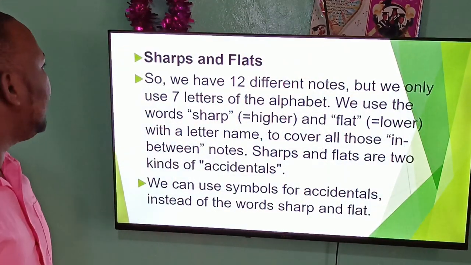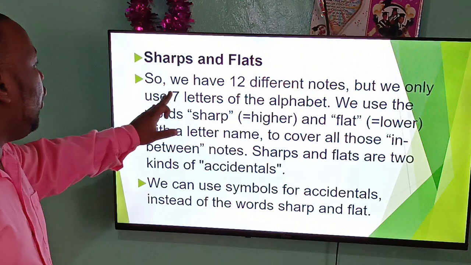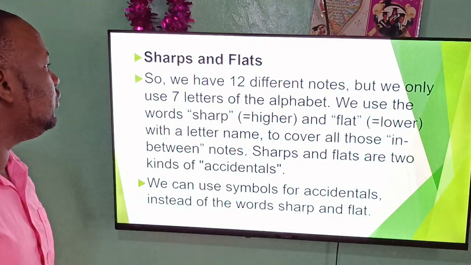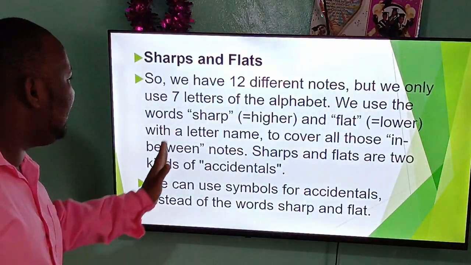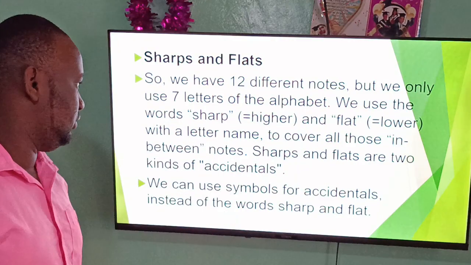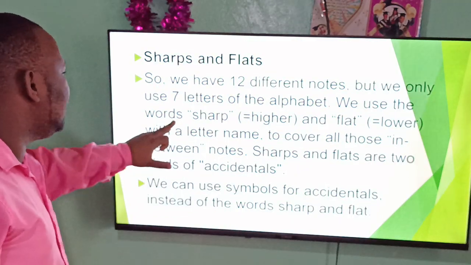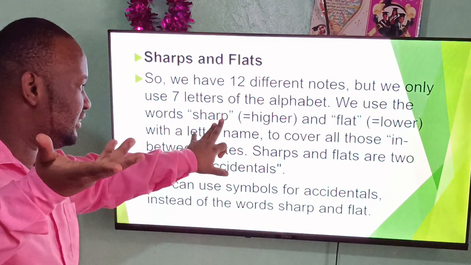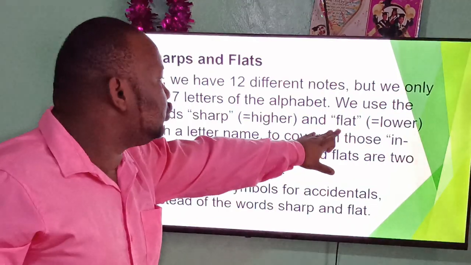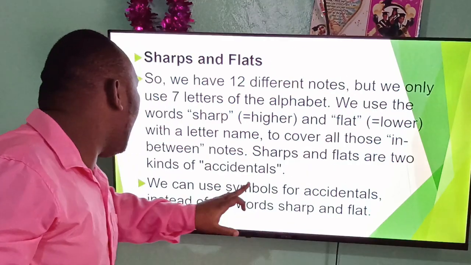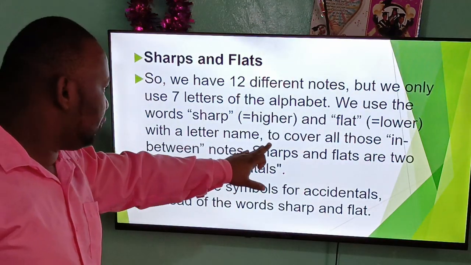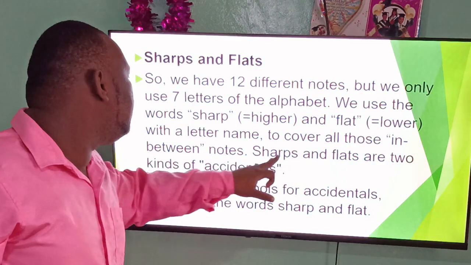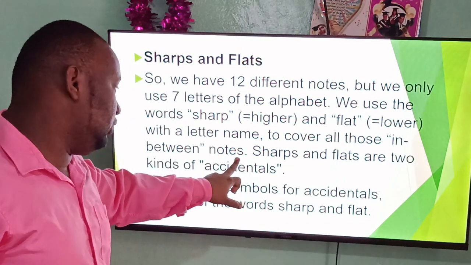Then we have our sharps and flats. So we have 12 different notes, but we only use 7 letters of the alphabet. We use sharp to mean that a note has been raised, and flat to mean that it has been lowered, with a letter name to cover all those in-between notes, those 12 notes.